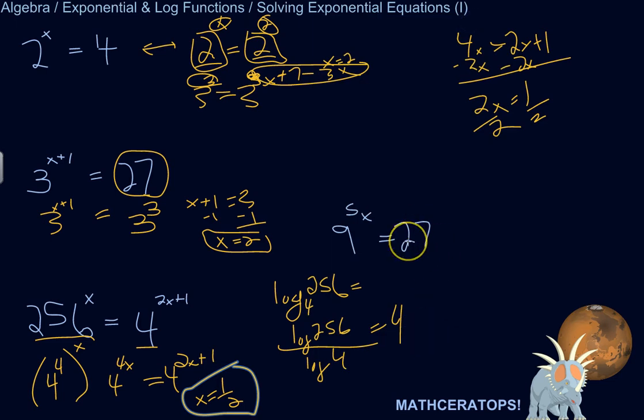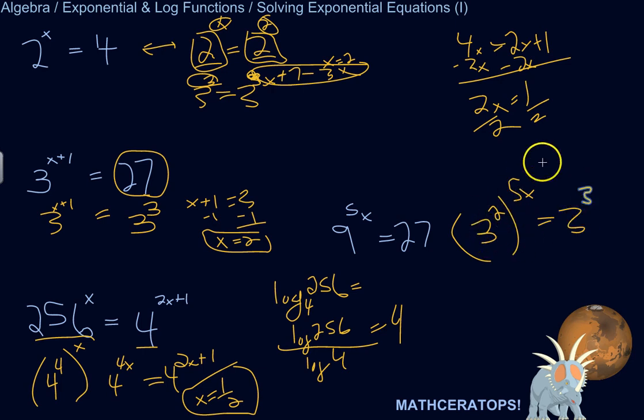Or check this out. I could rewrite both of these numbers. I could see how they share the number 3. I could rewrite 9 as 3 squared. 3 squared is 9. So I could rewrite this as 3 squared, to the power of 5x, is equal to 3 cubed. 3 cubed is 27. Now I've got the same base, so I multiply the exponents.